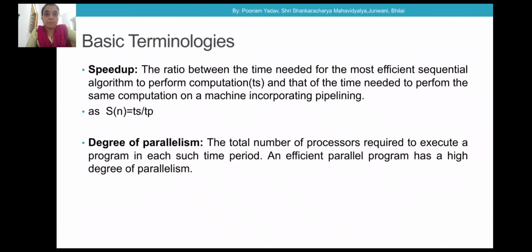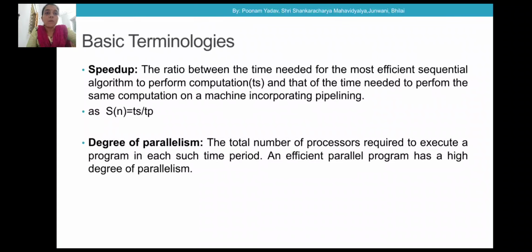Then speedup is the ratio of TS and TP. TS is the time needed by the most efficient sequential algorithm to perform the computation, and TP is the time for the parallel (pipelined) computation. This ratio is called speedup.